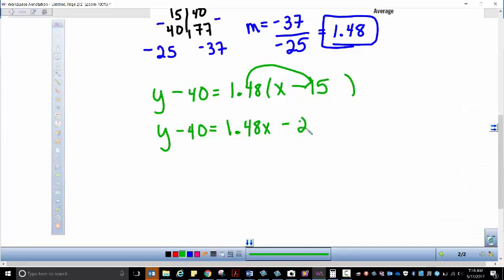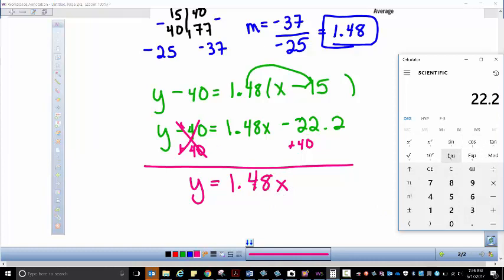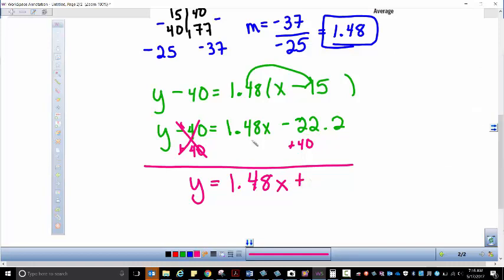So minus 22.2, because you have a positive and a negative. And then my last step is to add 40. So these cancel. Y equals 1.48x. Now, in my calculator, I'm going to have 22.2, make sure that's negative, plus 40 is positive 17.8. So plus 17.8.